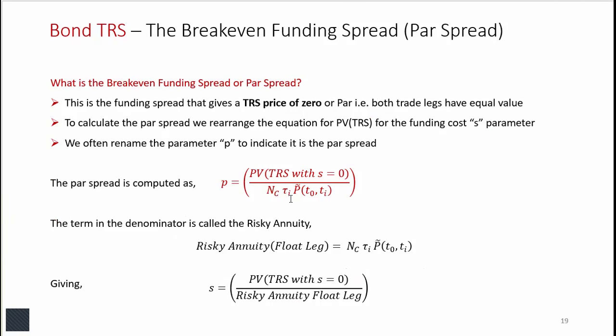These terms on the bottom in the denominator are called the risky annuity. Basically, that's the same as pricing a fixed leg with a notional of 1. Annuity is very common in interest rates.